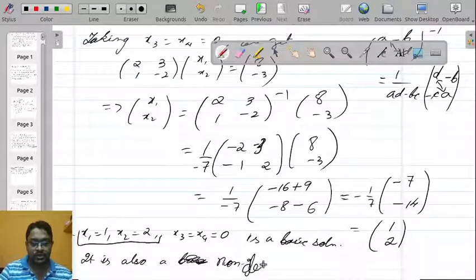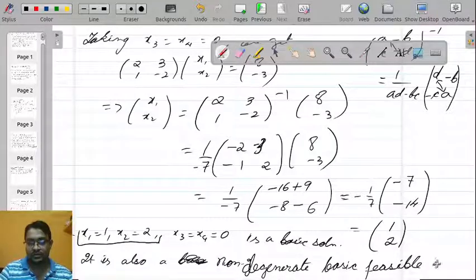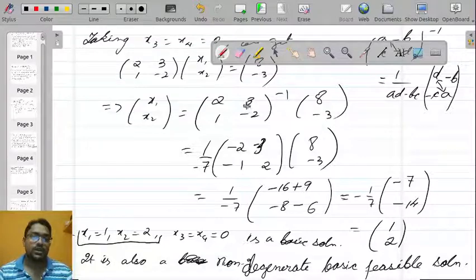So it's a non-degenerate basic feasible solution. Not only a basic solution, it's a non-degenerate basic feasible solution. That is the complete answer. So for the first case we have solved.